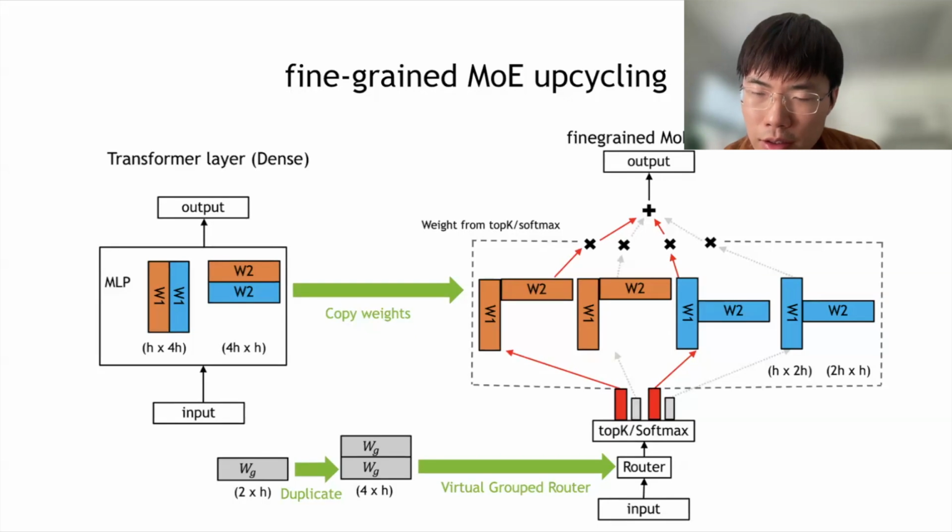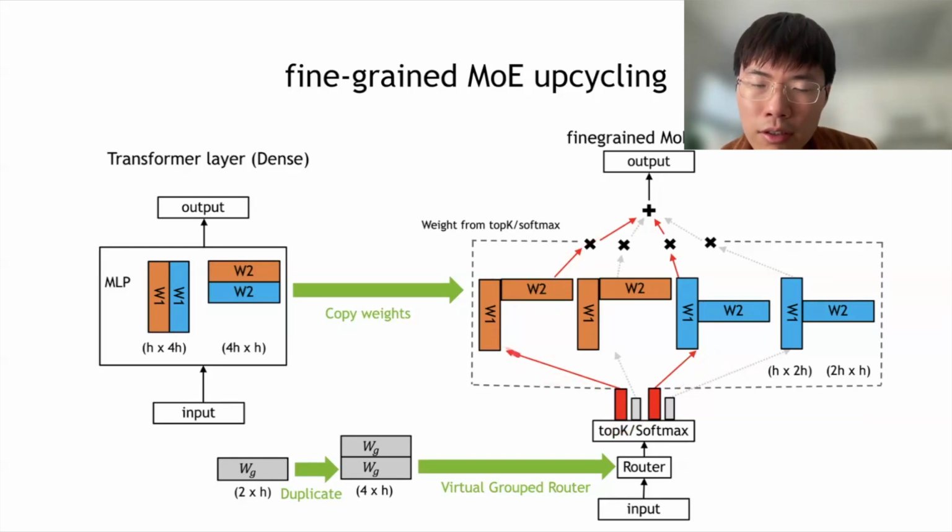And the challenge here is to maintain the property that in the first forward pass, the model is functionally the same as the original model. You will need to route exactly to one of each shard. Here I highlighted in red.